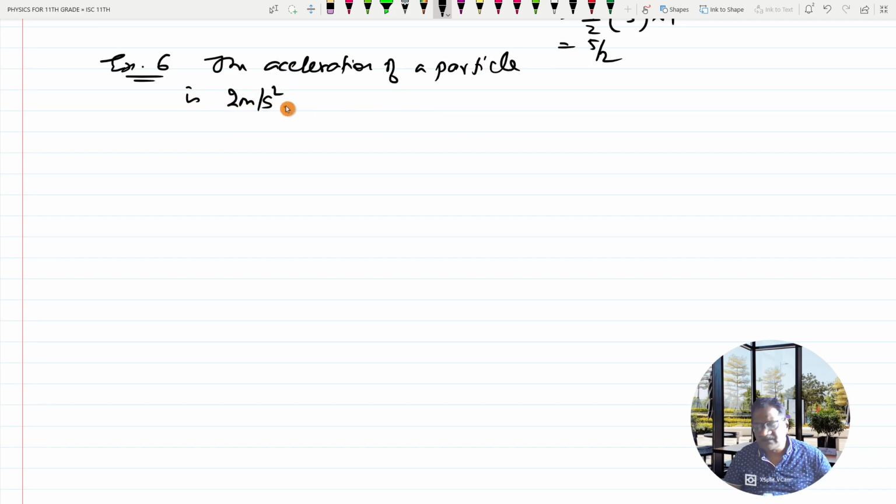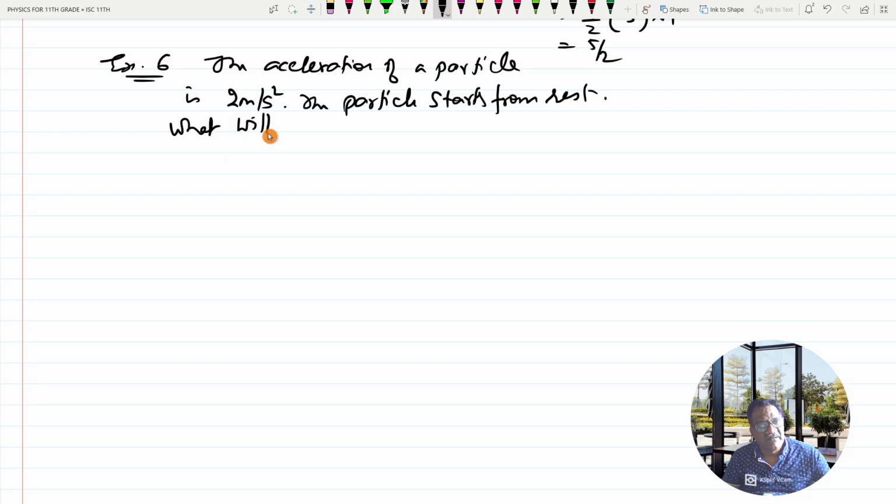The particle starts from rest. What will be its velocity at t is equal to 5 seconds?